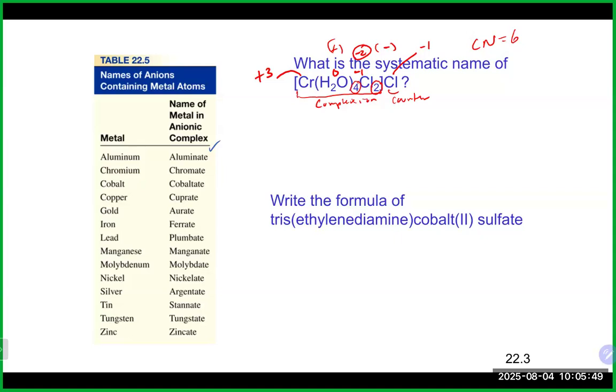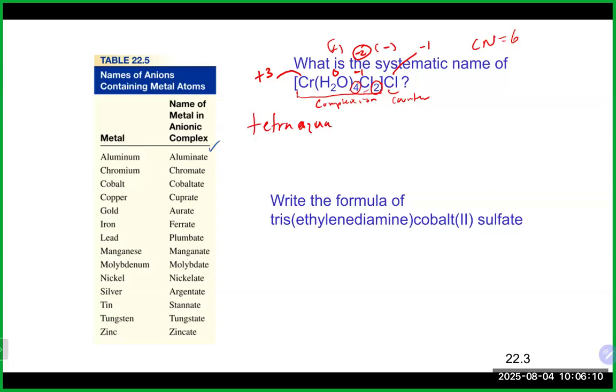Because our complex ion is positive, we could just use chromium as the name of the metal. We don't have to worry about the other way. We are going to go with our ligands here. So we got 4, which is tetraaqua or tetraaqua, whichever way you want to go with that.